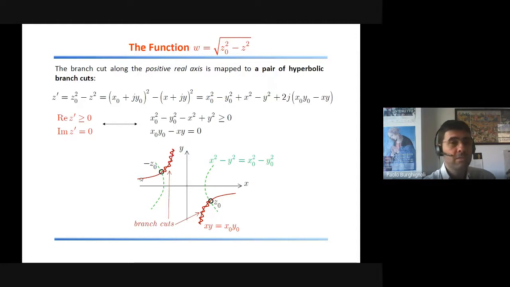To obtain this, it's very simple. You just write down the relation between z' and z explicitly by separating real and imaginary parts.